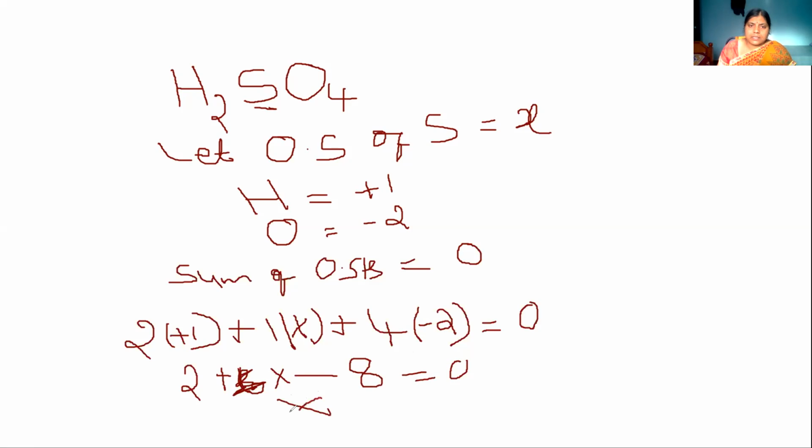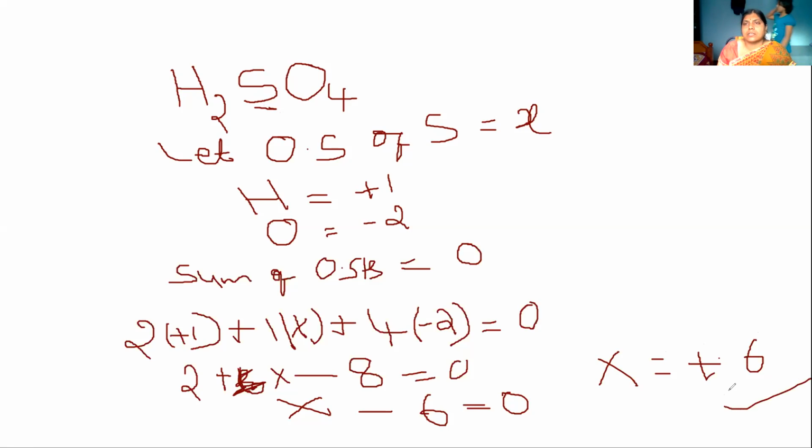So x minus 6 equal to 0. Then x is equal to, if you come this side, what happens? -6 will become +6. So the oxidation state of sulfur in H2SO4 is +6. Okay, this is the oxidation state of sulfur.